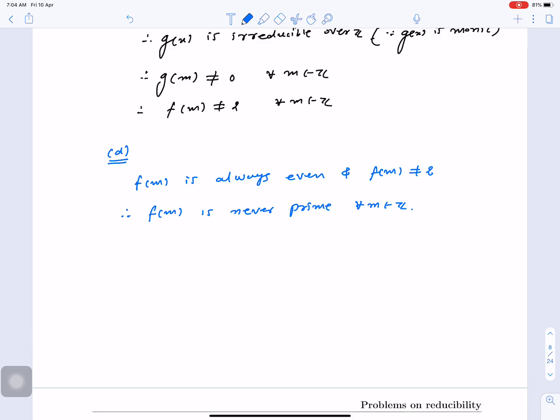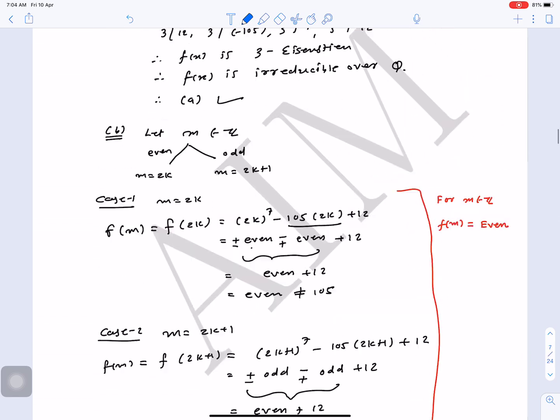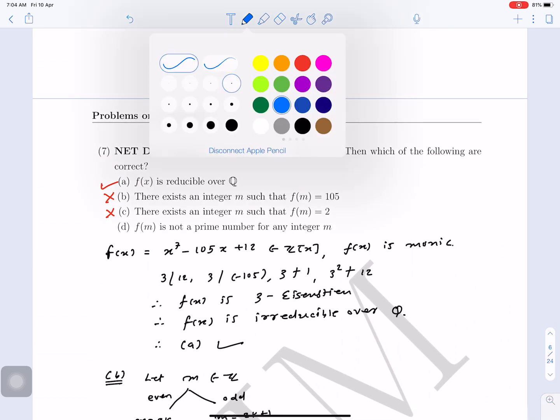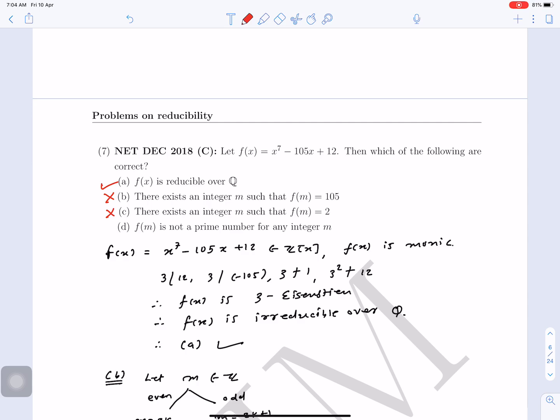And the only even prime is 2, and we have proved that f(m) is also not 2. So we can say here option D, f(m) is not a prime for any integer m, so that is correct. Option D is correct.